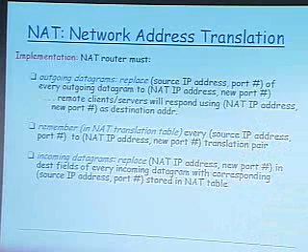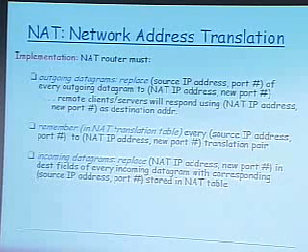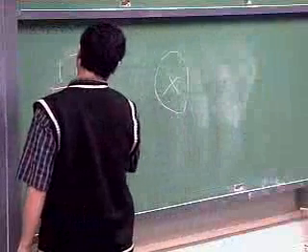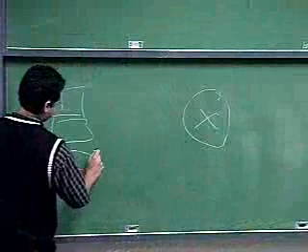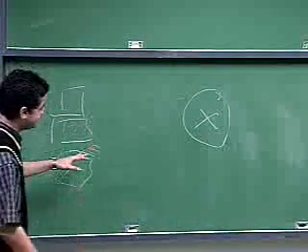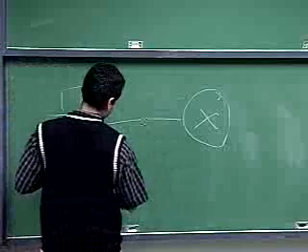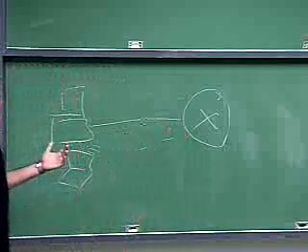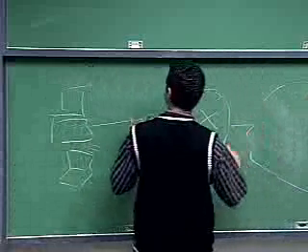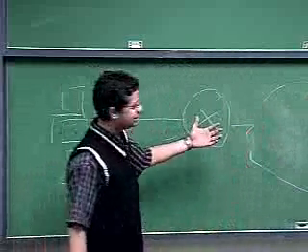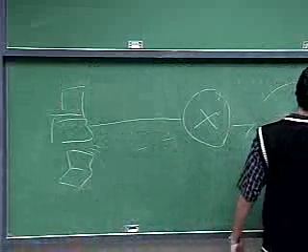So you have a NAT box and you have different machines connected to this NAT box, and these machines are trying to contact something on the public internet. So let's say there's a server.